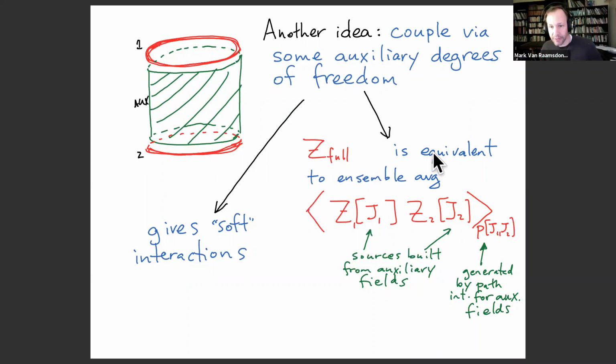Yeah, let's see. So this picture, let me explain this. The idea here is that if I calculate the partition function for this full theory, then it actually looks like, so these auxiliary fields, they couple to the 3D CFTs on the two boundaries. And so the auxiliary fields look like sources for some operators in theory 1 and theory 2.